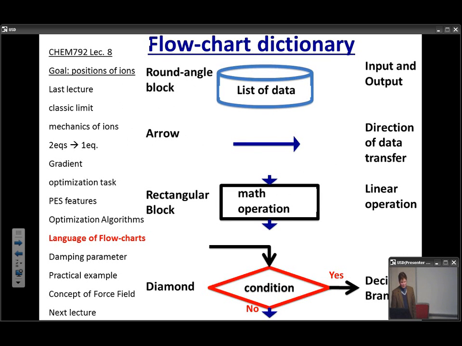Okay, if we are not going to actually write a code, but we want to make a plan of how to write a code, we are going to use the language of flowcharts. And if anyone in the audience was taking classes in programming, I believe that it is what's happening there at the initial stages.